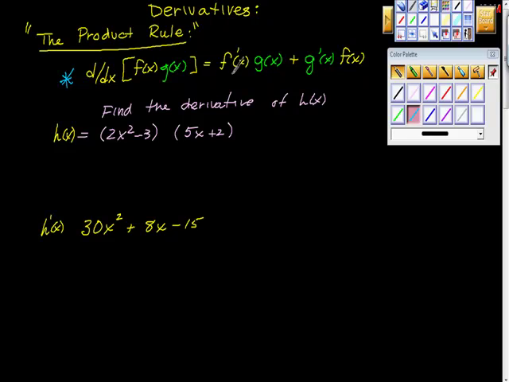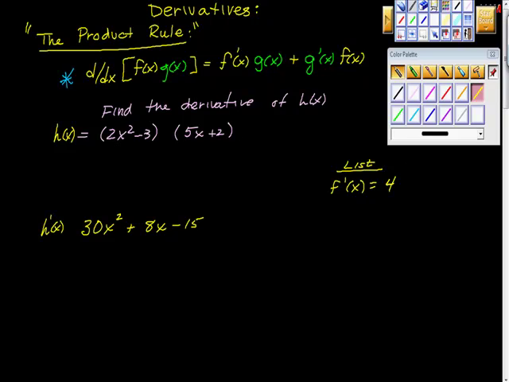We need to get some pieces here, so let's make a list. We need f prime of x. Remember, f of x is the first one right here, 2x squared minus 3, so its derivative is just 4x.